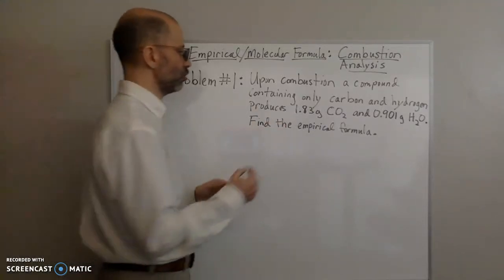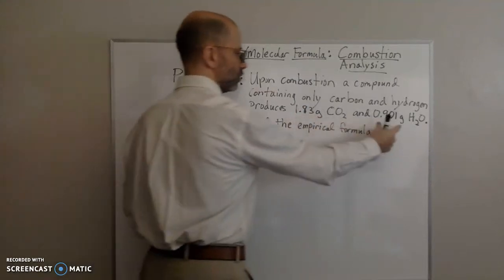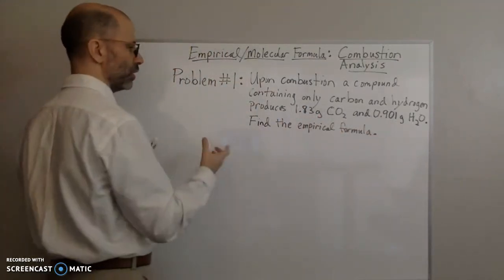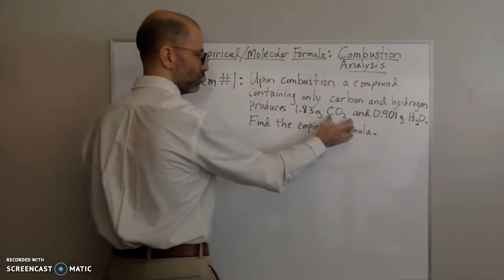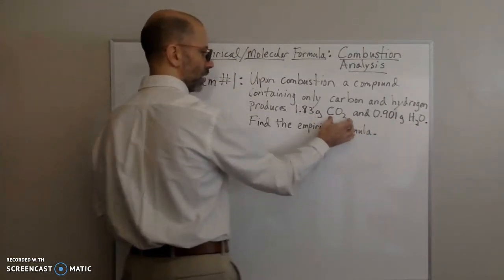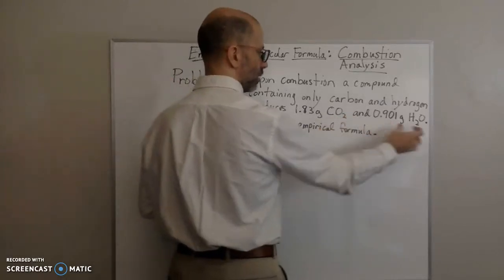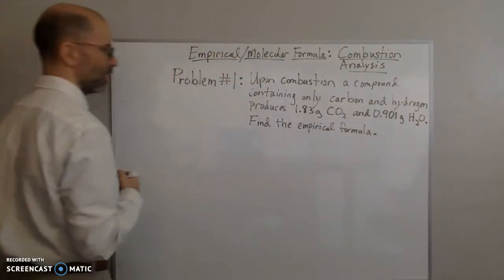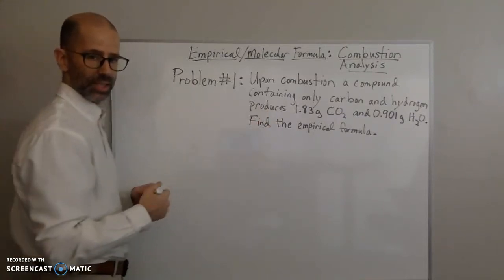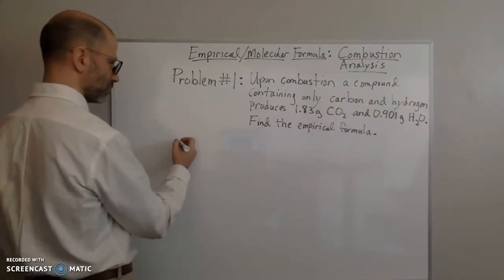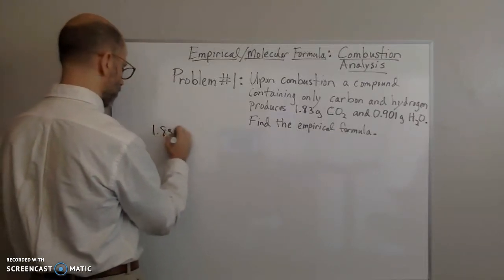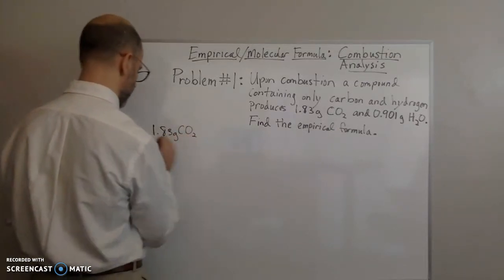So the first thing I need to do is convert the gram amounts of water and carbon dioxide into moles. The reason I want to do that is that then I can use the mole ratio in the formula to go from moles of carbon dioxide to carbon and moles of water to hydrogen, because the assumption is that all of the carbon and all the hydrogen went into these products. So the first thing I'm going to do is take 1.83 grams of carbon dioxide.